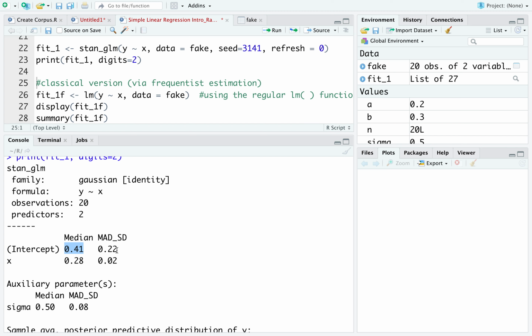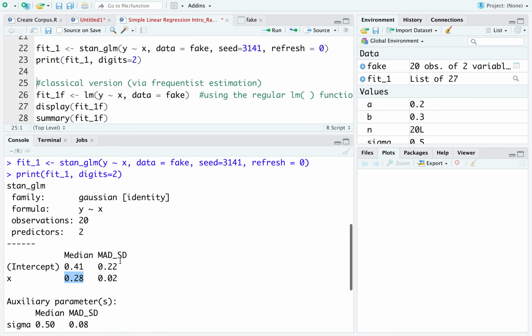But for old time's sake, we can say plus or minus 2 times this. But we could literally calculate the probability of this intercept being between any two values we pick. And similarly, the more important piece, the slope is estimated as 0.28, give or take around 0.02 to 0.04 if you want.